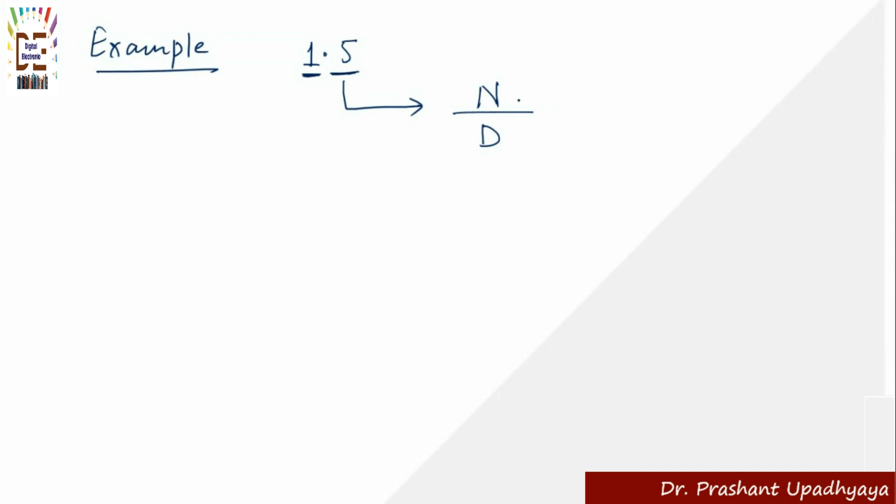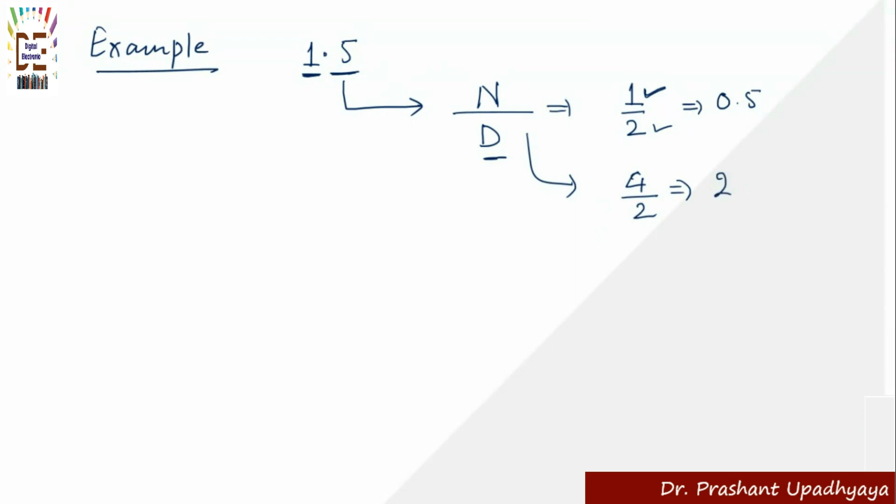Whenever your numerator is less than the denominator, for example 1 divided by 2, the numerator is smaller than the denominator, so the answer will be 0.5. And if I take another example, let's say 4 divided by 2, my answer will be 2.